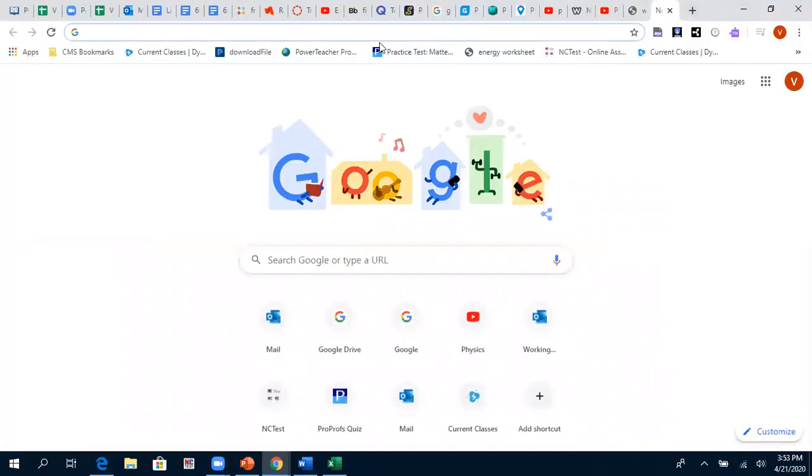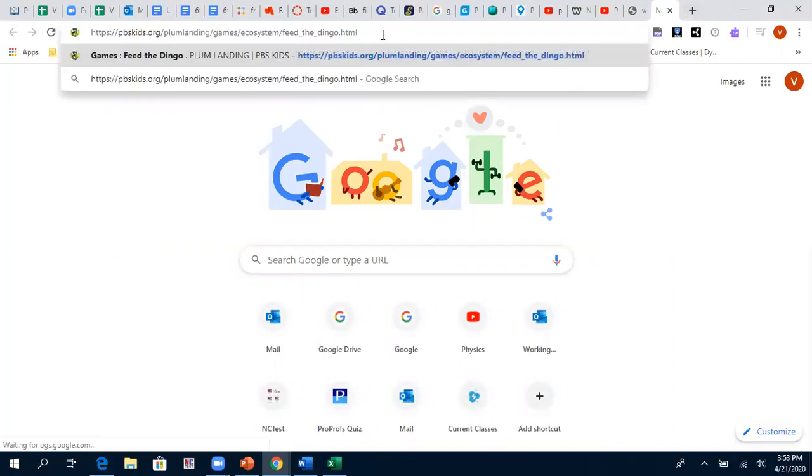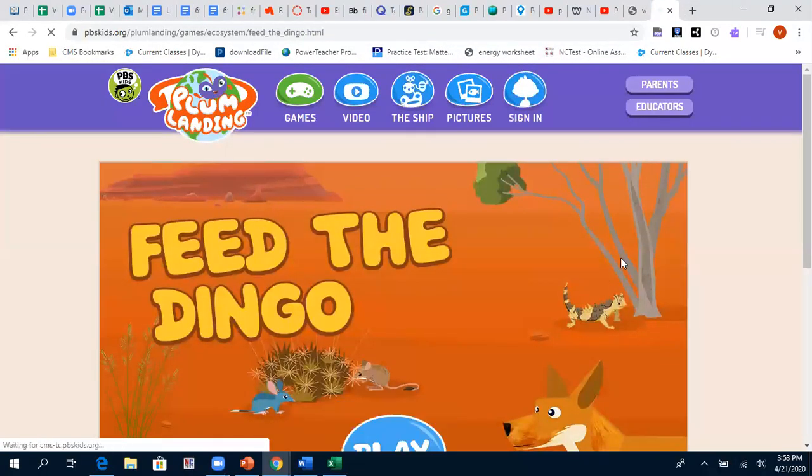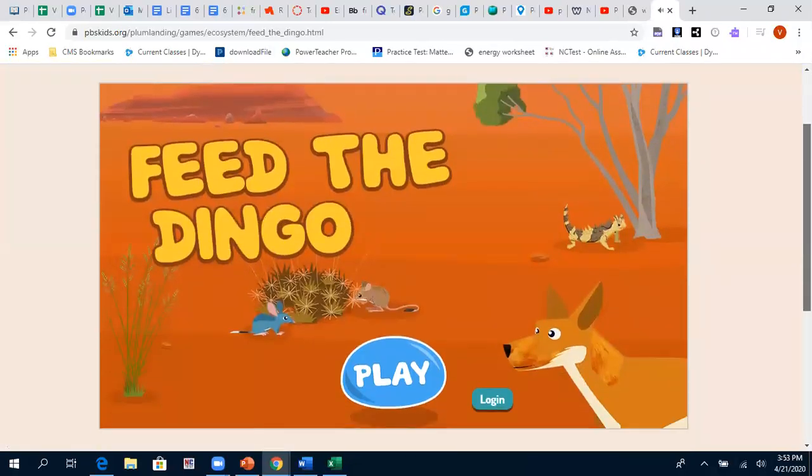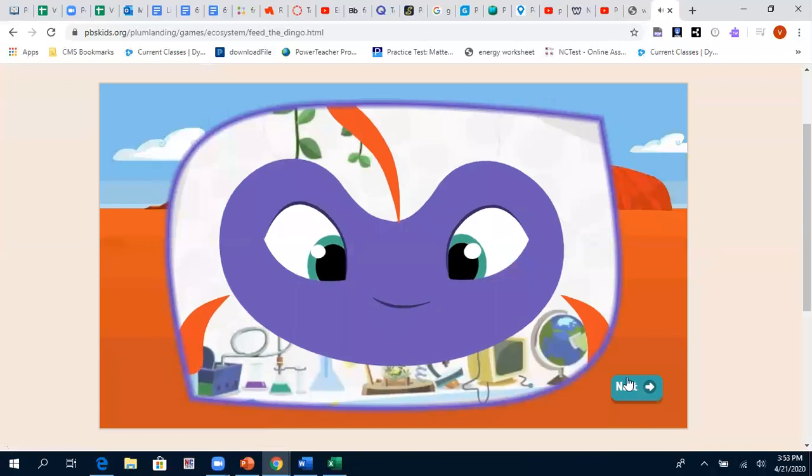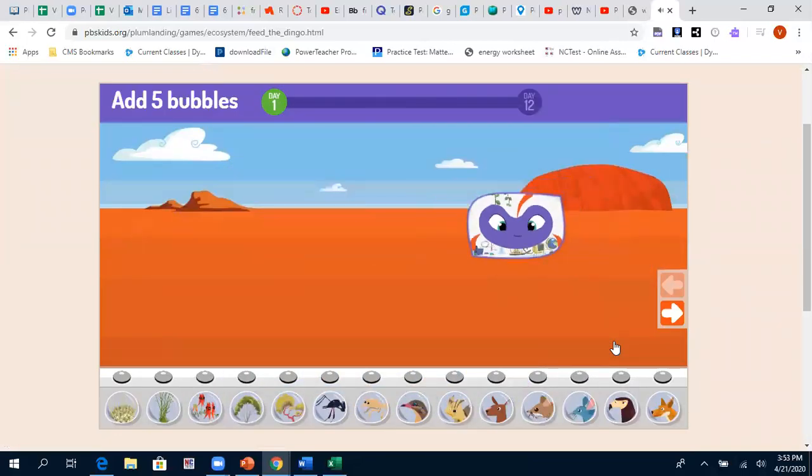All these are for you to have a better understanding of what an ecosystem looks like. I'm just going to show you a couple of times and then we'll move on to the next one. Here we see there are 12 days, and each day you can add 5 of them.